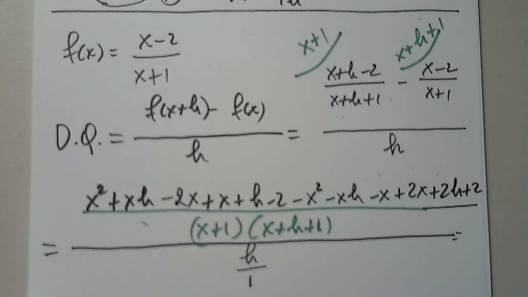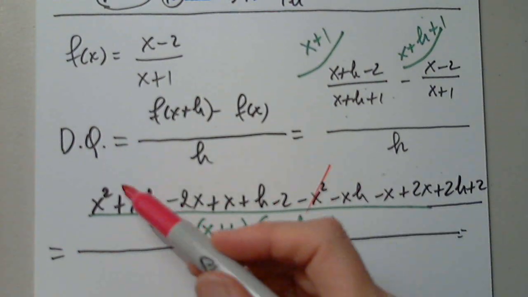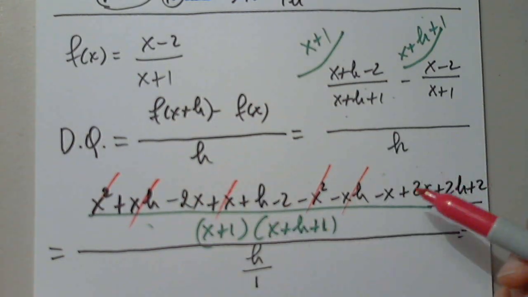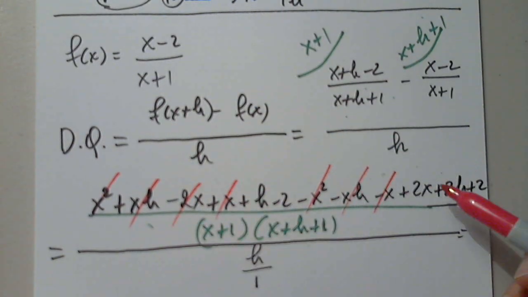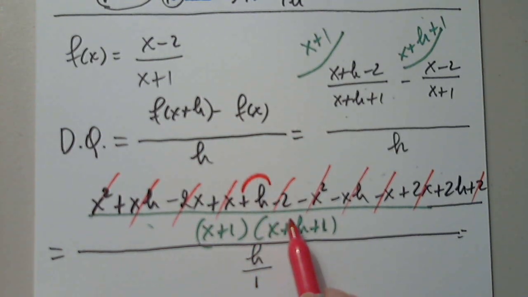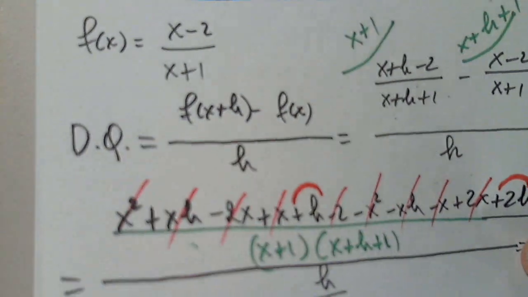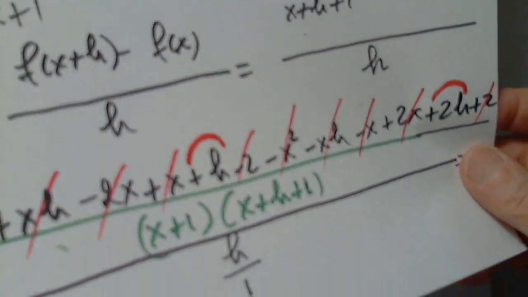So let's see. The x squared with negative x squared, the xh with negative xh, the positive x with the negative x, the negative 2x with the positive 2x, the negative 2 with the positive 2. Let's see what is left. So I have an h plus 2h, which is 3h. So the first mandatory step happened.